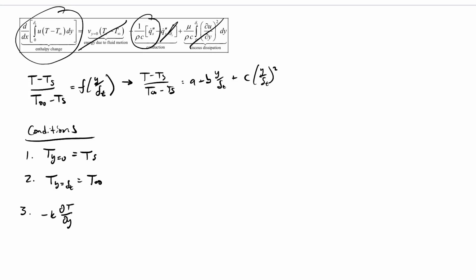This is Fourier's law applied to the fluid at y equals delta T, equal to some specified heat flux q double dot at y equals delta T, which for our problem is 0. Again, if you wanted conduction, you just make that not 0. It's as simple as that.